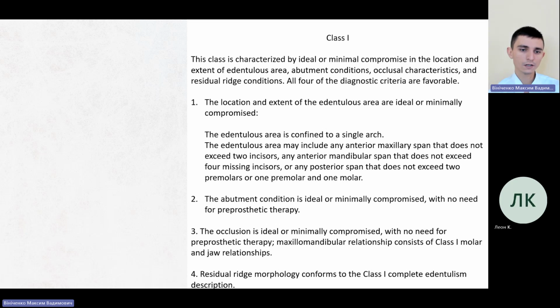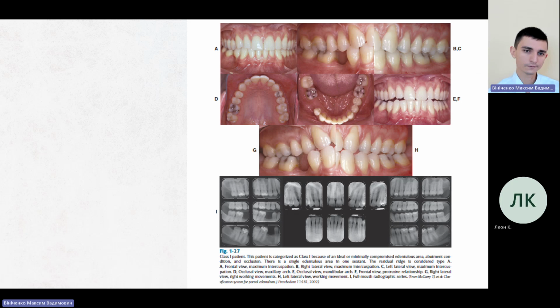The occlusion is ideal or minimally compromised with no need for prosthetic therapy. Maxillomandibular relationship consists of class 1 molar and jaw relationships. Residual ridge morphology conforms to the class 1 complete edentulism description. So here you can see a class 1 patient.